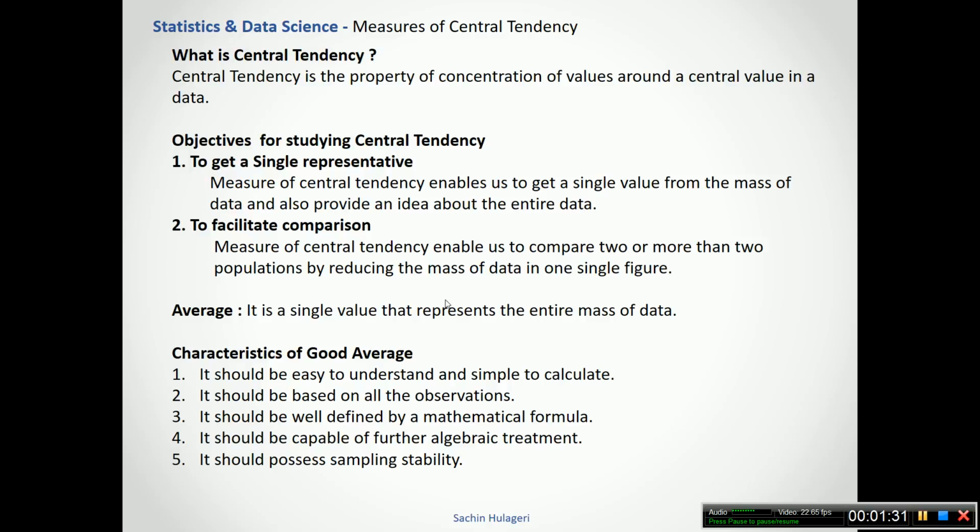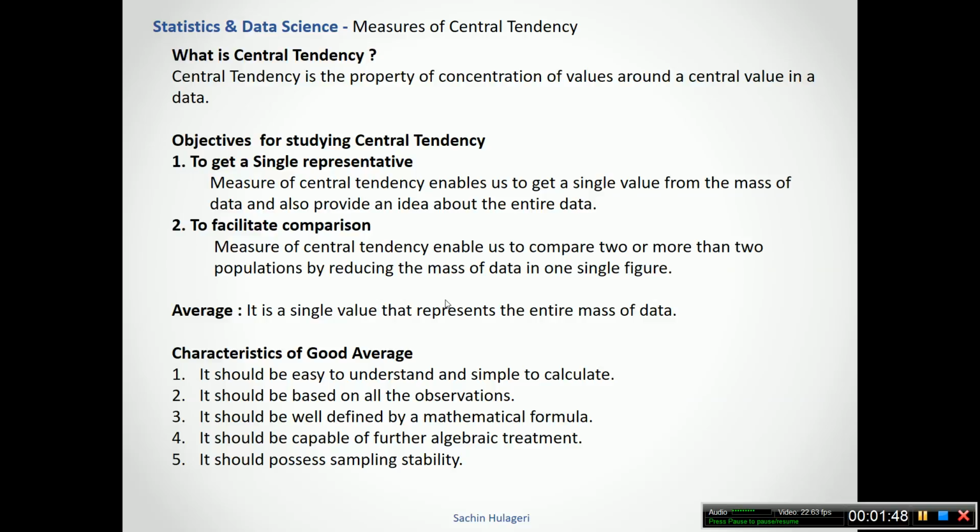It may be an average value, or the value at which most of the people are. That is called a central value. It's a centrally concentrated value, which is nothing but central tendency.